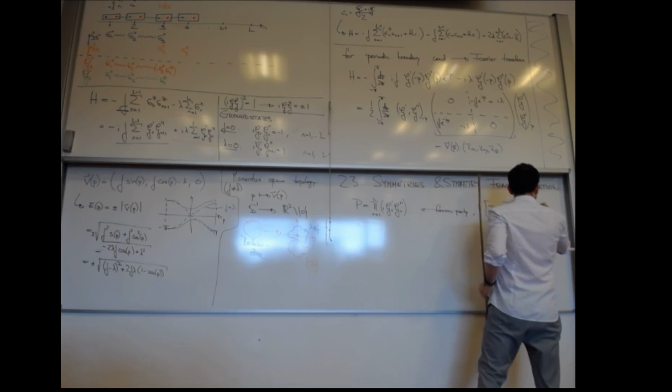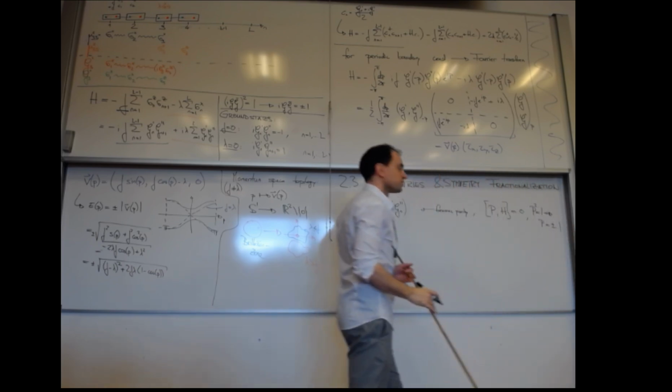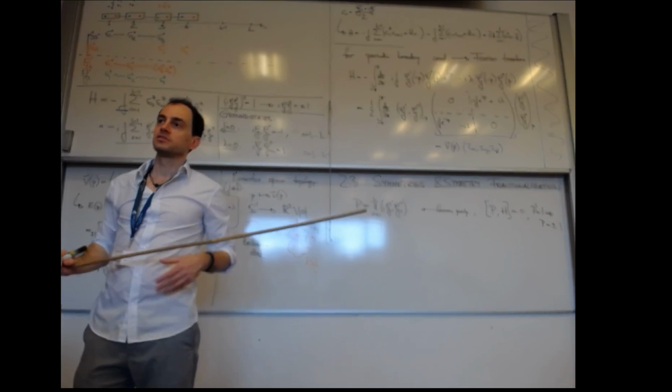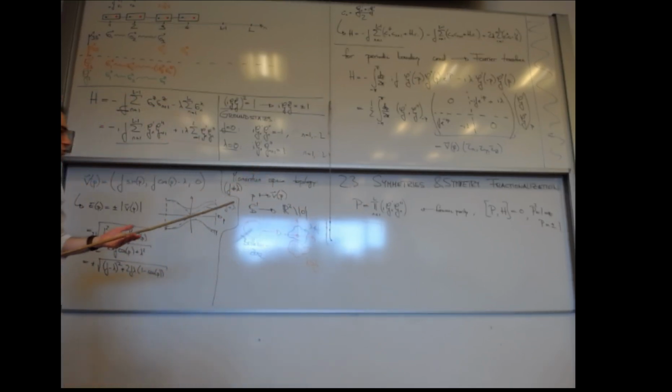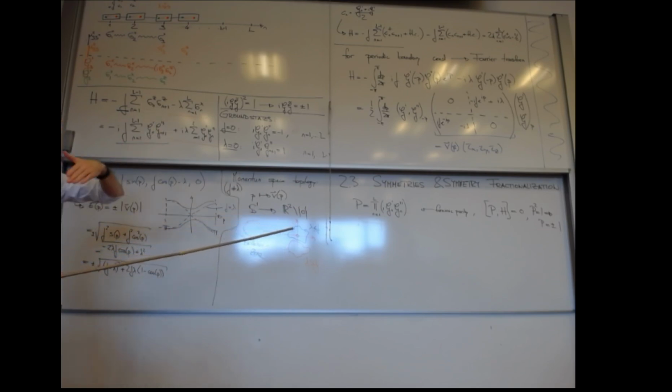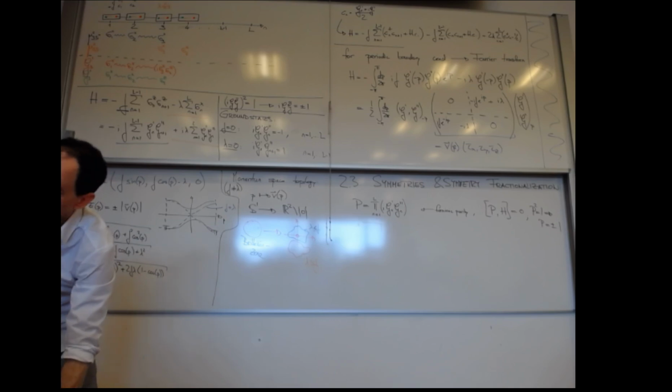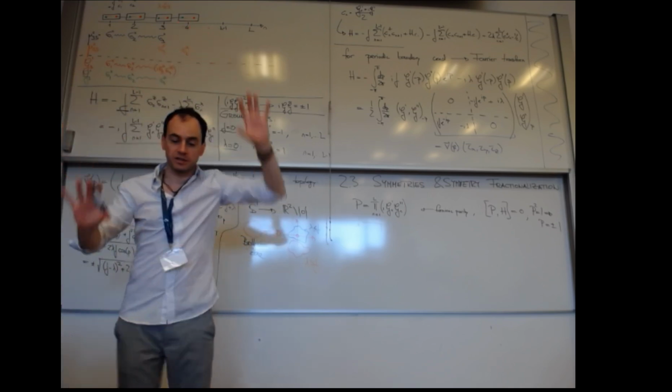So P squares to 1. So that means that there are two sectors, P equals plus or minus 1. In one case, you have an odd number of fermions, and in the other case, you have an even number of fermions. You can have a ground state with an odd number of fermions, no problem. And of course, you will never get from an odd number of fermions to the sector with an even number of fermions. It just block diagonalizes the big Hamiltonian.